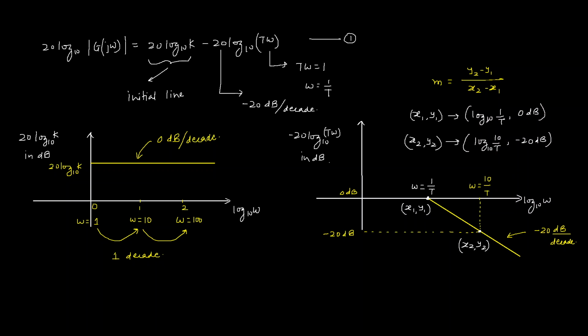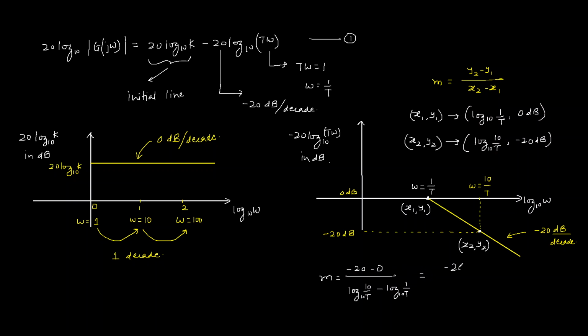If I put these values in this formula, then this will give the slope of line. y2 is minus 20, minus y1 is 0, over x2 is log 10 by t base 10, minus x1 is log 1 by t base 10.